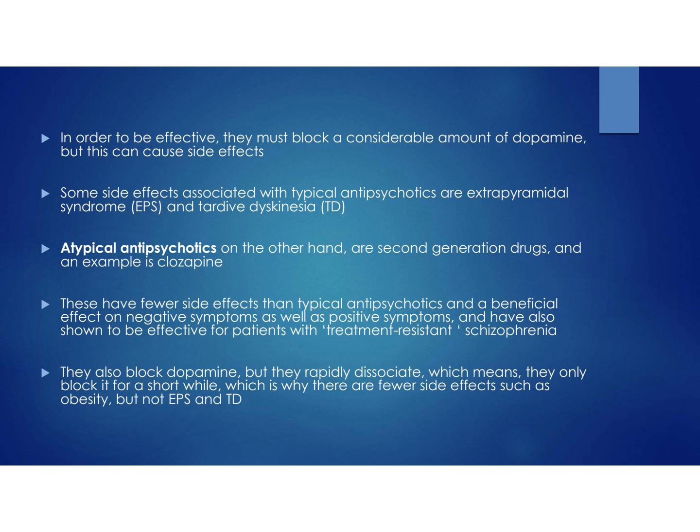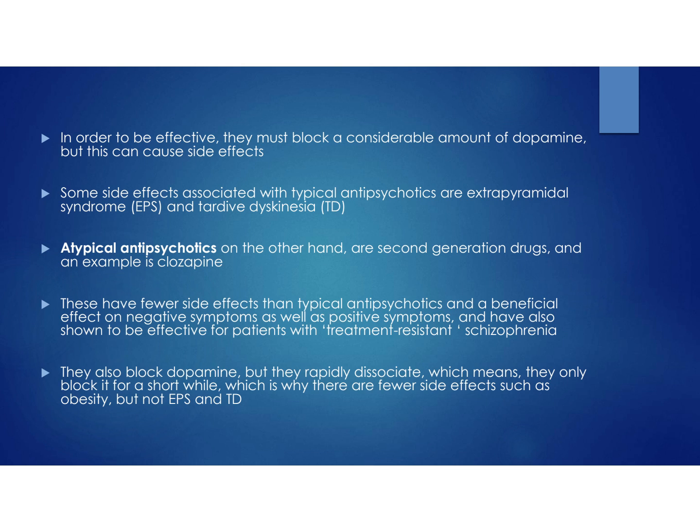I know these are terms which will be very difficult for you to remember and spell, so we can just learn the abbreviations EPS and TD. Now, what are these side effects? These are basically things like facial spasms, muscle spasms, involuntary movement, shaking, etc. So these would be some side effects of the first generation drugs.